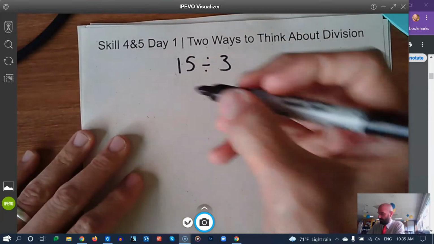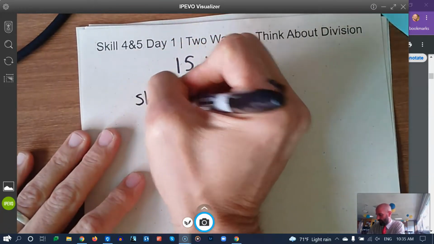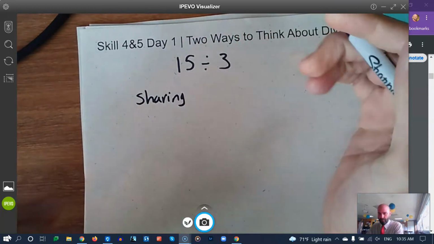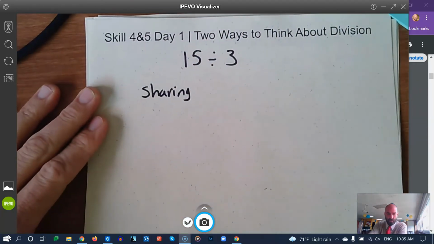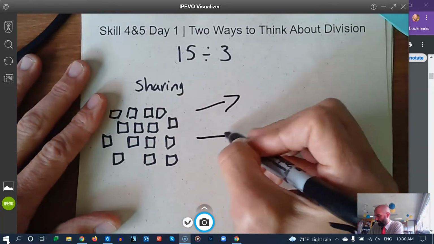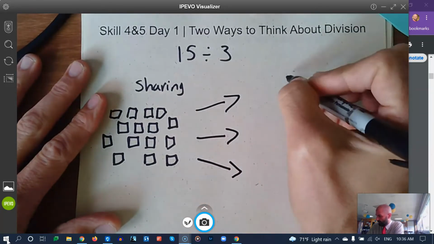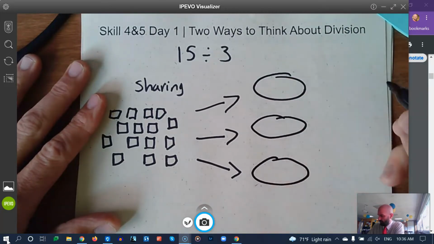All right, so I was thinking of this as you could do this in one of two ways. First, there's an idea of sharing. So I take my 15 things. I start with my 15, and then I'm going to share those equally in 3 groups. And what does that look like?